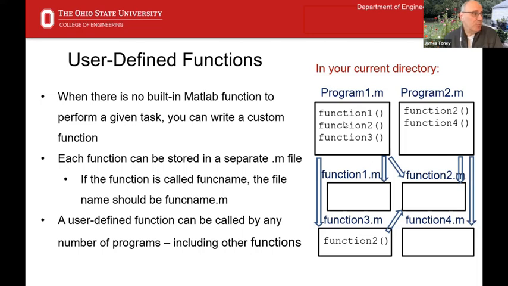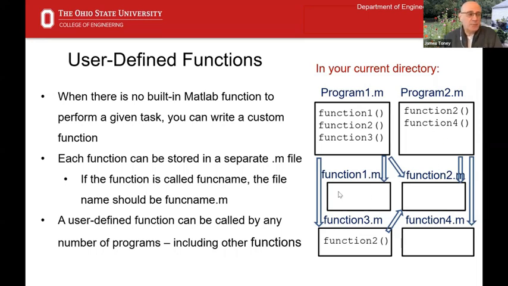You might have program 1 that uses functions 1, 2, and 3. And so it's calling those functions that are in external files. And then you make a different program called program 2, and it happens to use that same function, function 2, and also uses another function called function 4. All right. So this is the advantage of putting them in separate files. You can call them, or at least one advantage, but you can call them from different programs.